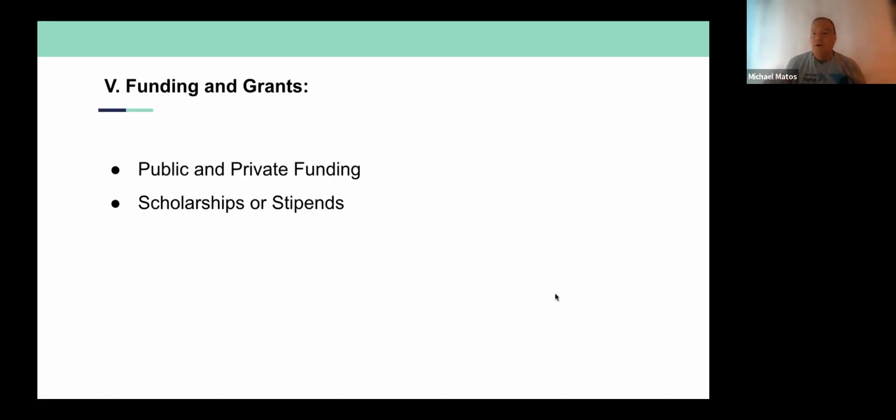Funding and grants. We have a funding system where I'm at. It's a pass-through organization. They're pass-through grants. Providing that funding, those scholarships or those stipends, obviously takes some building of those particular templates to carry out this information and to enlist those that might be part of the project as well.